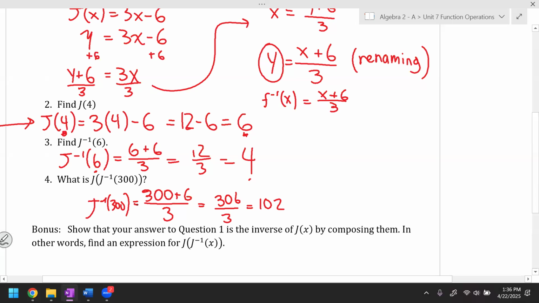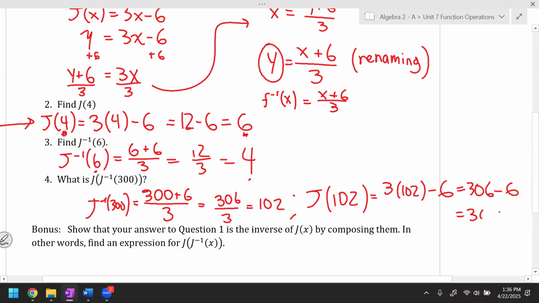And then I would have to hit that with j. So j of 102 in turn is going to be 3 times 102 minus 6. Wait a minute, that's just 306 minus 6. Well, that's just 300. Oh, wait, hang on. I just got 300 back out.